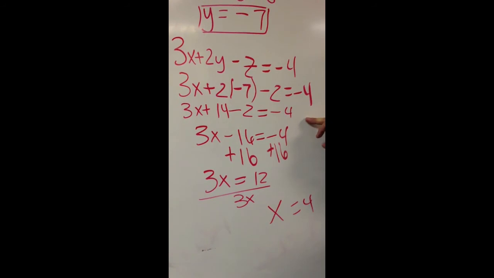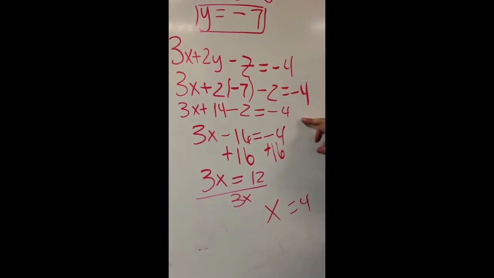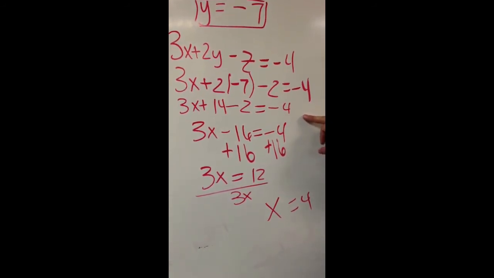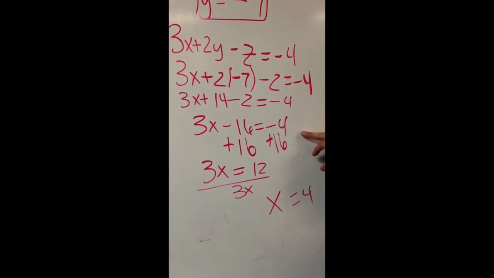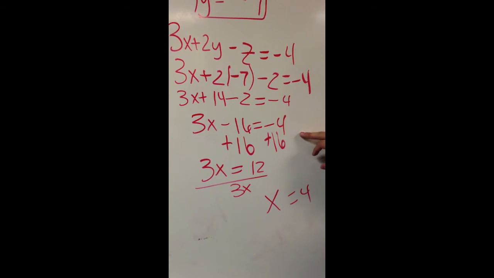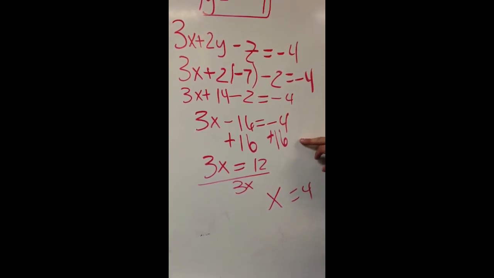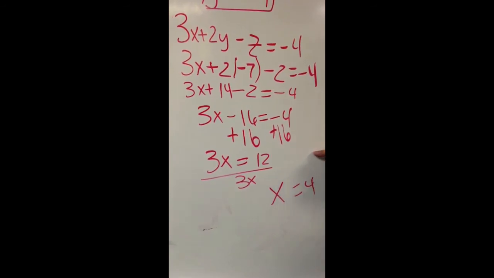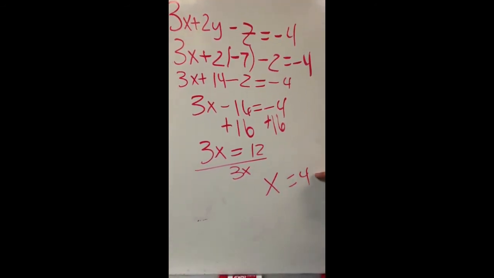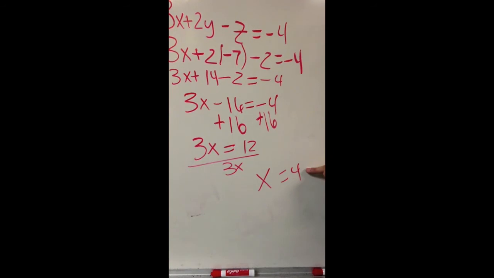Then you would get 3x minus 14 minus 2, so 3x minus 16 equals -4, and you're going to want to add 16 to both sides, and that would equal 12. Then for the 3x, you would divide to get your x, and for x we got just 4.